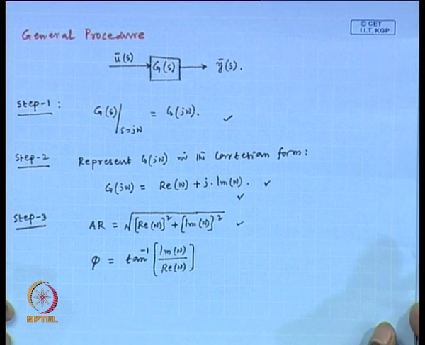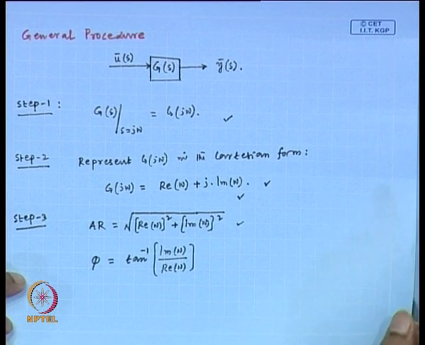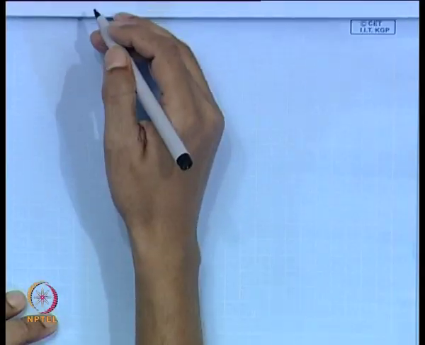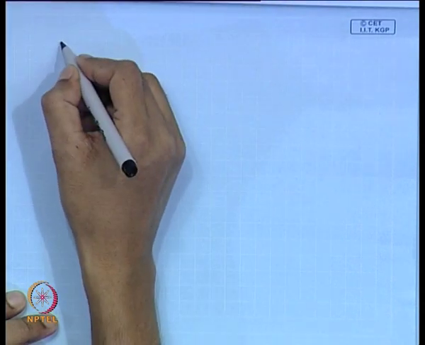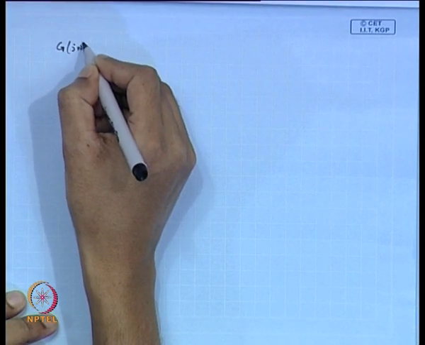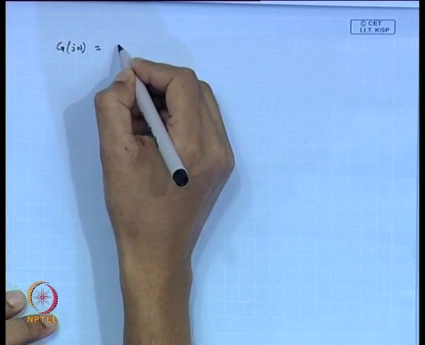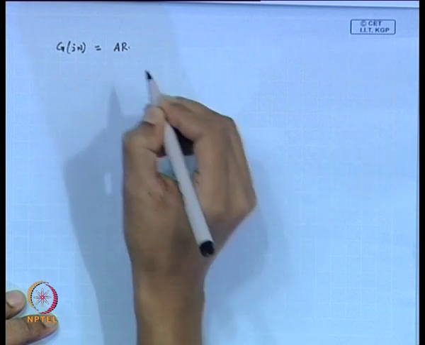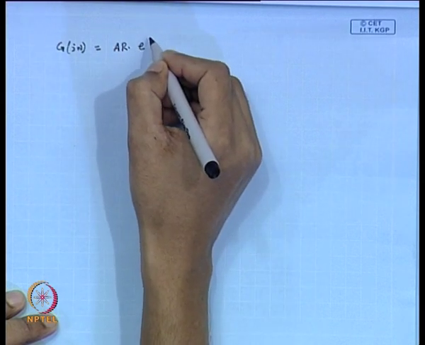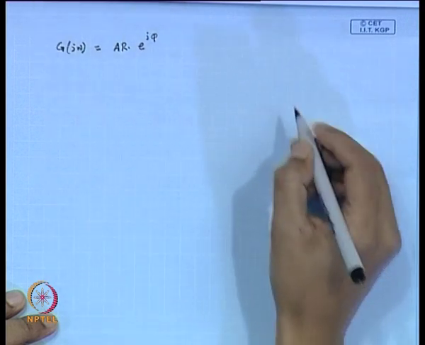Now, in the alternative technique we can represent the frequency response transfer function in polar form, amplitude ratio exponential of j phi.